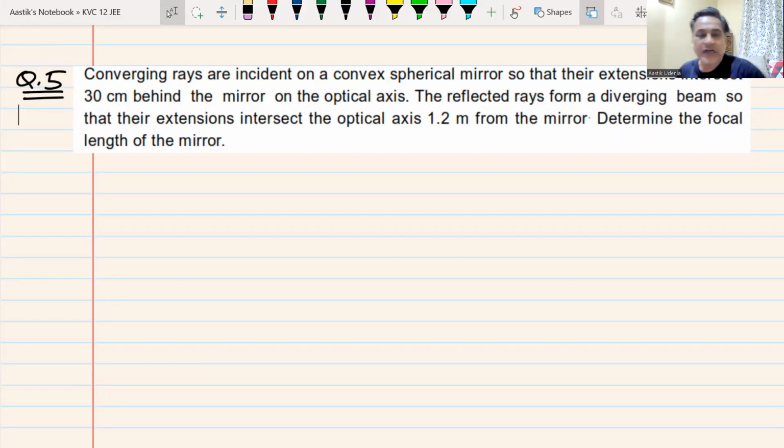Converging rays are incident on a convex spherical mirror so that their extensions intersect 30 centimeters behind the mirror on the optical axis. The reflected rays form a diverging beam so that their extensions intersect the optical axis 1.2 meters from the mirror. Determine the focal length of the mirror.